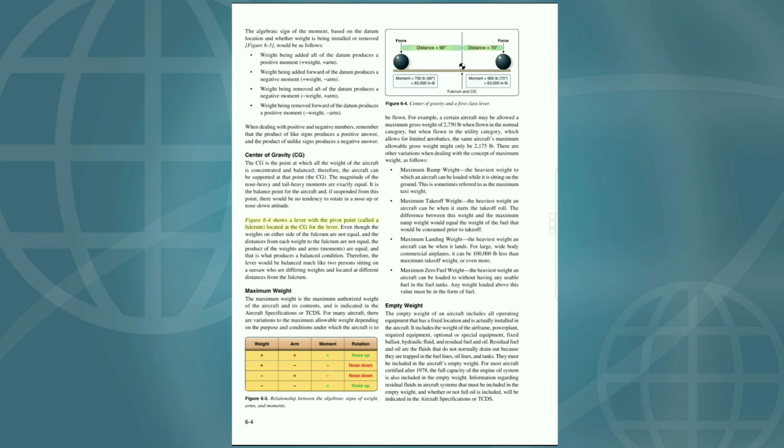Figure 6-4 shows a lever with a pivot point, called a fulcrum, located at the CG for the lever. Even though the weights on either side of the fulcrum are not equal, and the distances from each weight to the fulcrum are not equal, the products of the weights and arms, the moments, are equal, and that is what produces a balanced condition. Therefore, the lever would be balanced, much like two persons sitting on a seesaw who are of differing weights and located at different distances from the fulcrum.